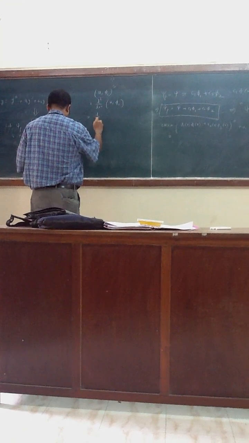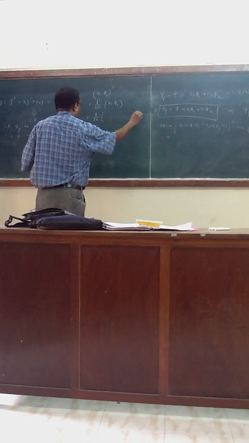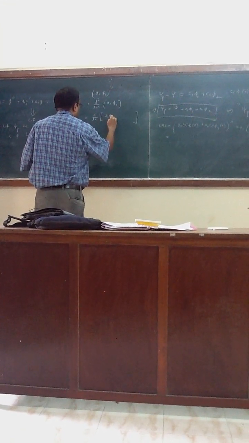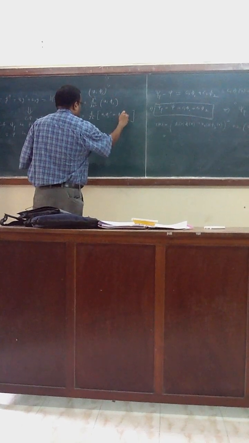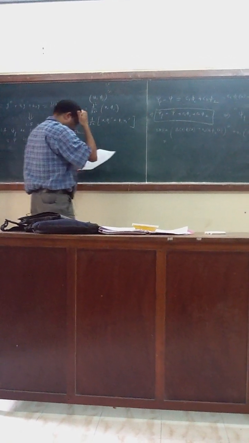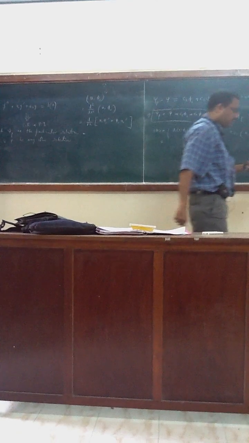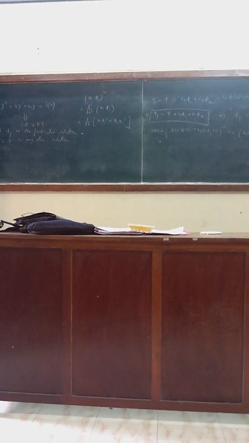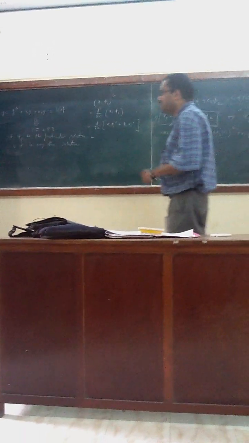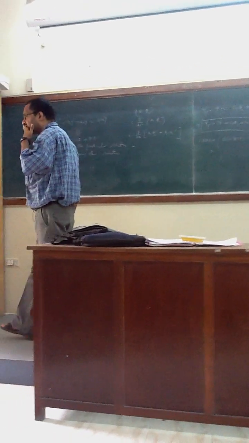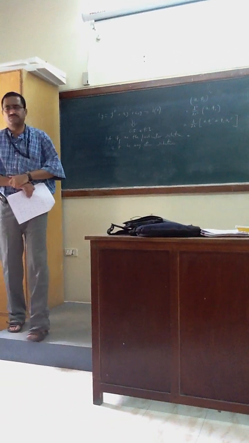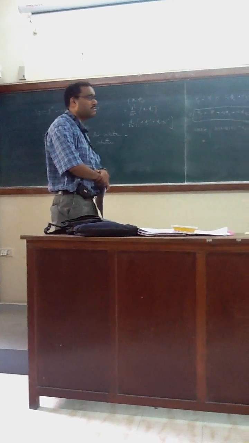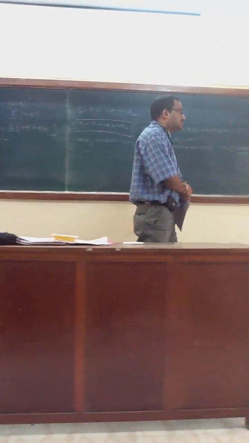What you can write is d/dx of u1 phi 1 prime plus phi 1 u1 prime. Next step, what do you get? Final answer, can you give it to me? There will be three terms.